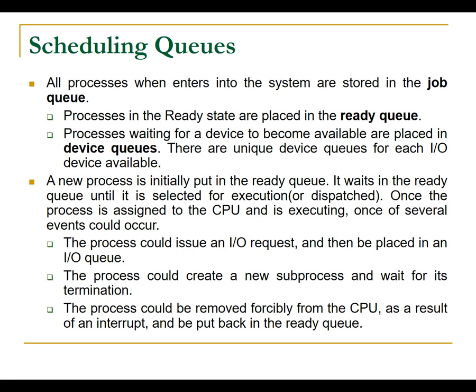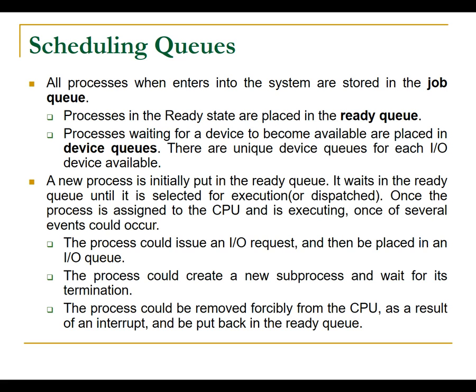Once the process is assigned to the central processing unit and is getting executed, several other events might be handled by the central processing unit. Those events are: the process could issue an input output request and then be placed inside the input output queue.